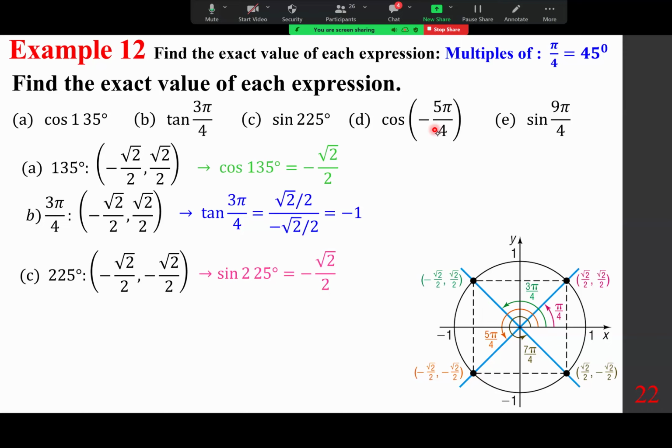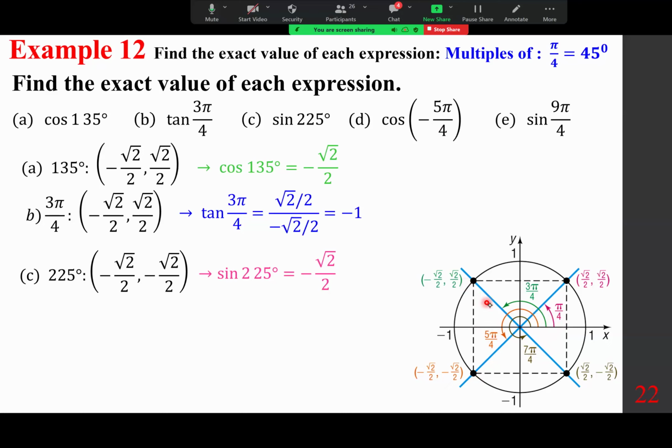Cosine of minus 5 pi over 4. I hope you realize if we go in a negative direction, it's more than pi, right? It's going this way. So it ends up here.